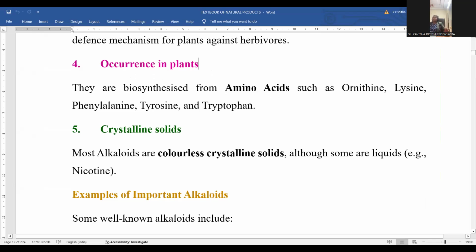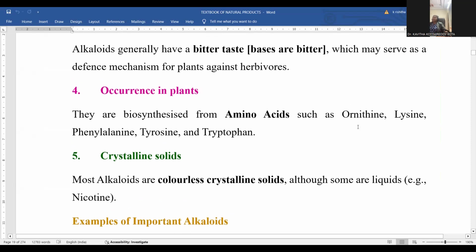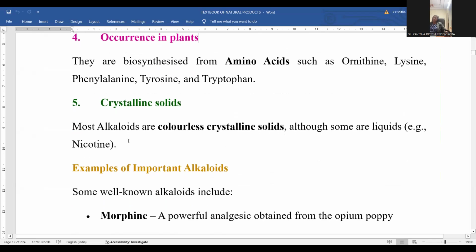For example, ornithine, lysine, phenylalanine, tyrosine, and tryptophan are all starting materials to manufacture these alkaloids in the biosynthetic pathway within the living organism. So this is the way they exist within the plant origin, right?